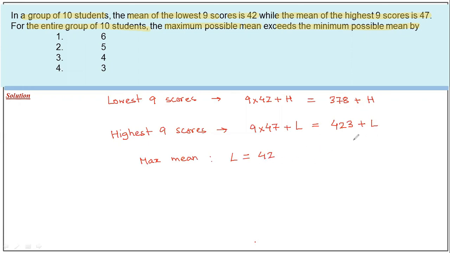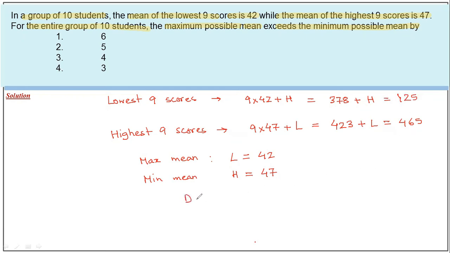So for which this would be equal to 465, and minimum mean would be possible when the highest score is 47. That is the lowest among the highest. So for which this would be equal to 425.